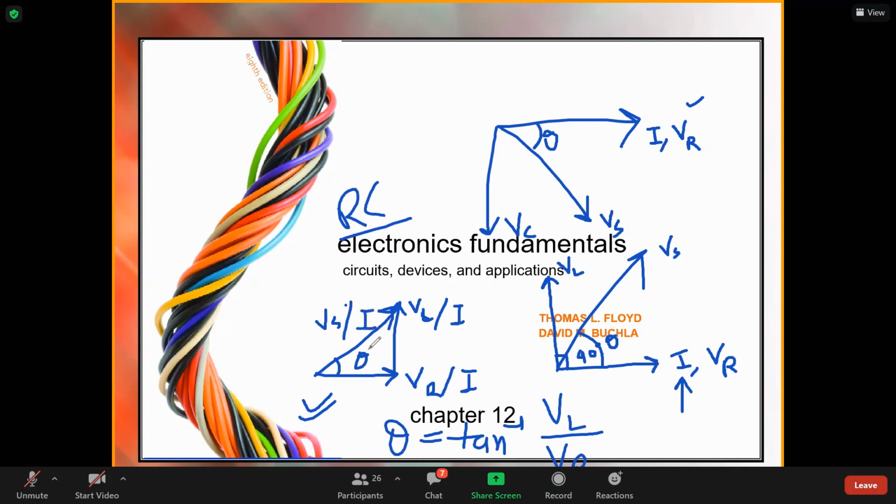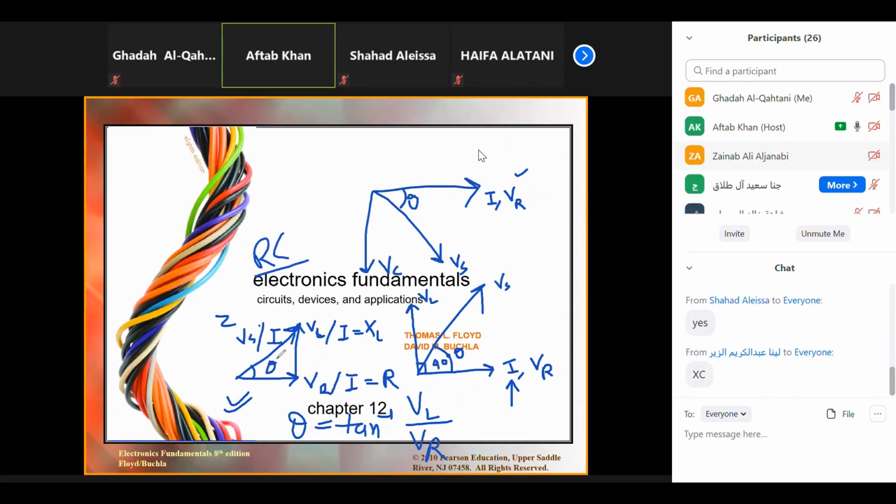So when I divide by the current, VL over I will give you XL. Similarly, VR over I will give you R, and VS over I will give you Z, the opposition of the series RL circuit.